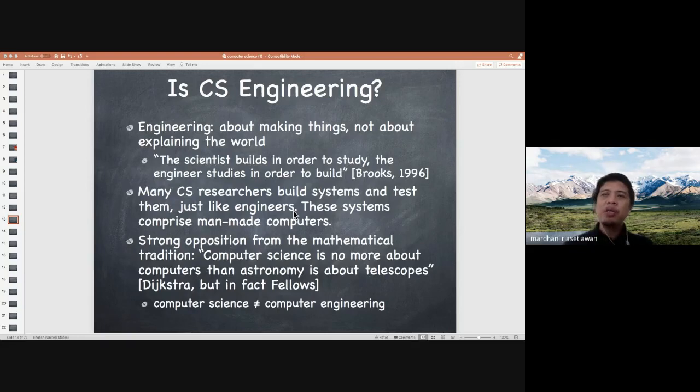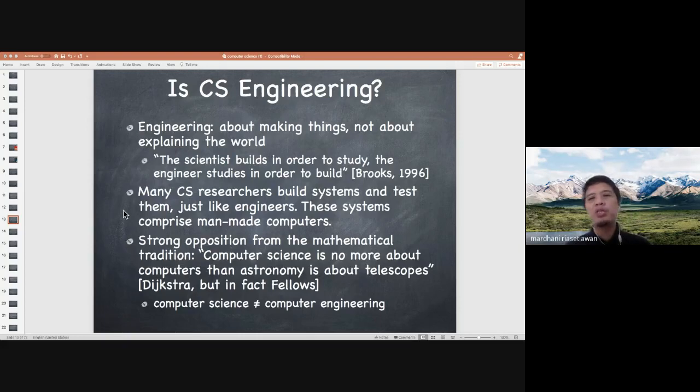But engineers don't do like us. They're not working on the algorithm. They're not working on creating the concept, for example. So that's why it's different. But I think it doesn't need to be about science versus engineering again.